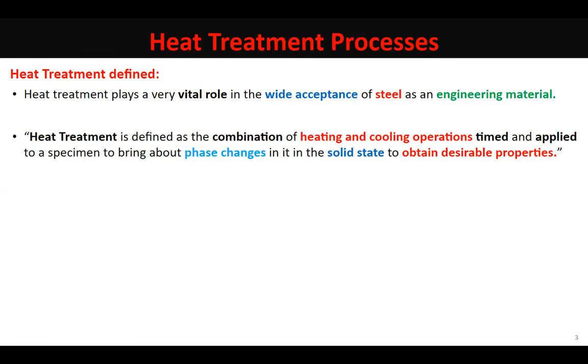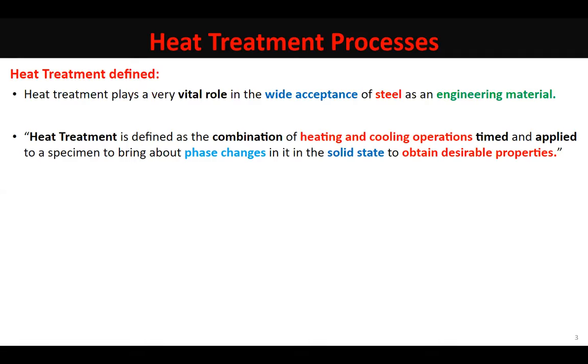Timed and applied, see, there would be a specific time for which heating would be done. So we'll choose a proper heating rate. Then there would be a proper time for which this steel specimen would be held at this temperature for some period of time, and then the cooling would also be completed in a stipulated period of time because it would be done at a specific cooling rate.